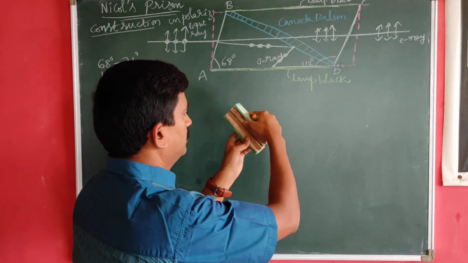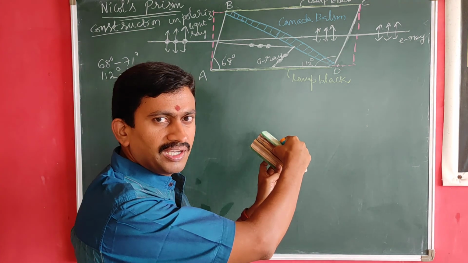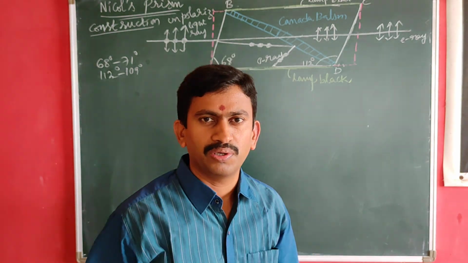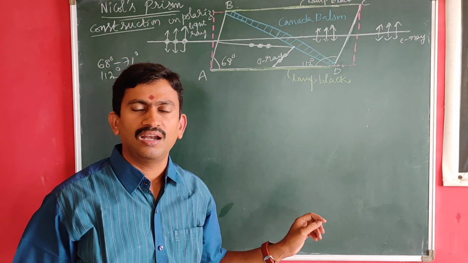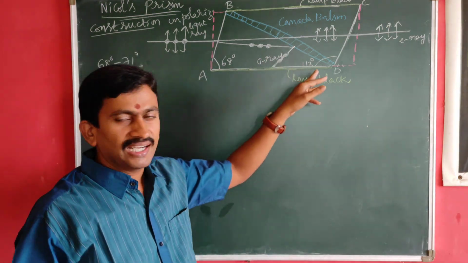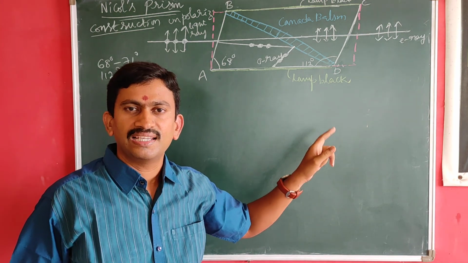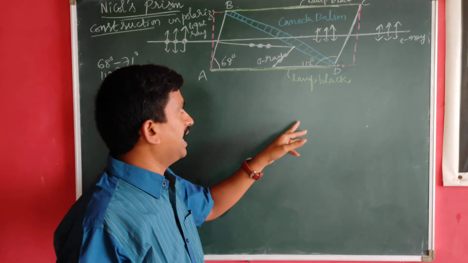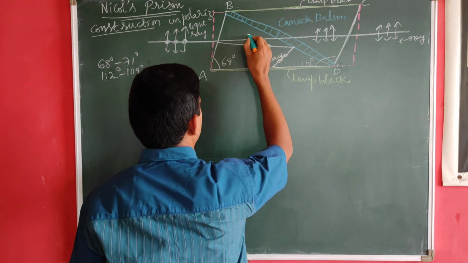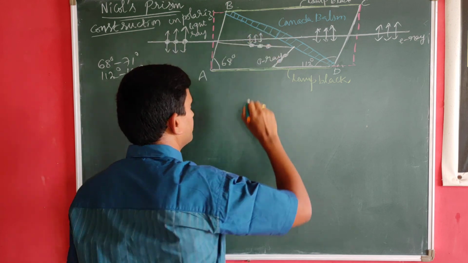Then they are joined again and cemented together with a transparent material called Canada balsam layer. This Canada balsam layer has an interesting property: its refractive index lies in between that of the ordinary ray and the extraordinary ray. We will discuss it when we talk about the working of this nickel prism. Right?